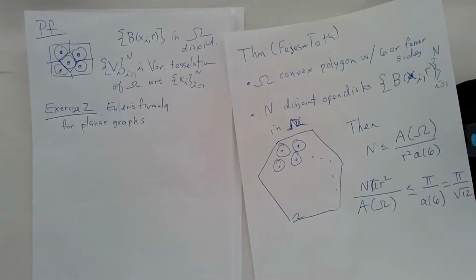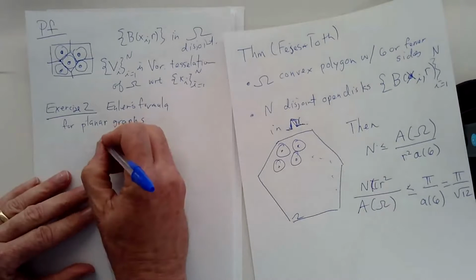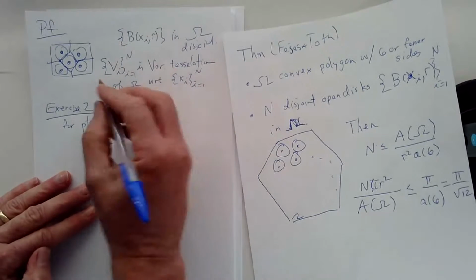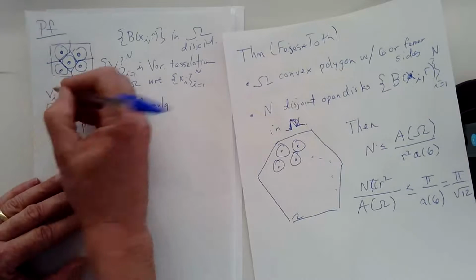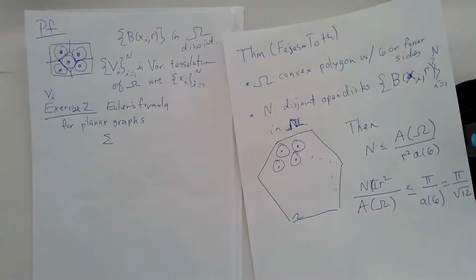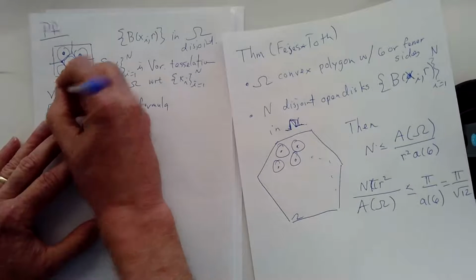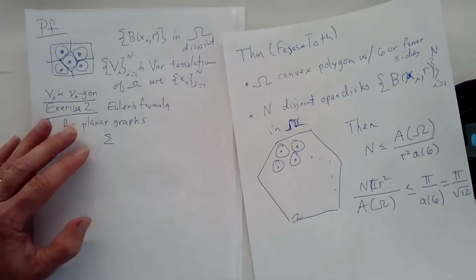It's a simple calculation, but when we have 6 or fewer sides, then we get that the number... each V_i is a nu_i-gon. So nu_i is the number of sides of the ith Voronoi cell. So V_i is a nu_i-gon.